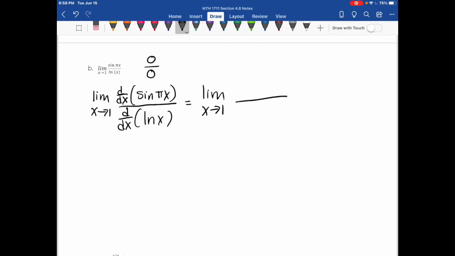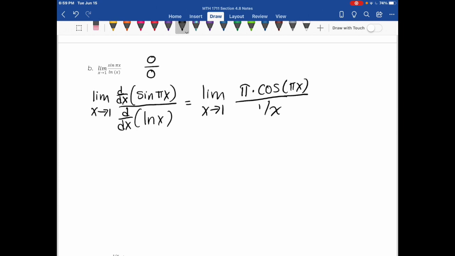Now, when I take the derivative of sine pi x, the derivative of sine is cosine, but because I have that inner function of pi x, I now have to use the chain rule and multiply by the derivative of pi x, which is pi. So I'm going to have pi times cosine of pi x. That's going to be my derivative in the numerator. Now, when I take the derivative of the natural log of x, I'm going to get 1 over x.